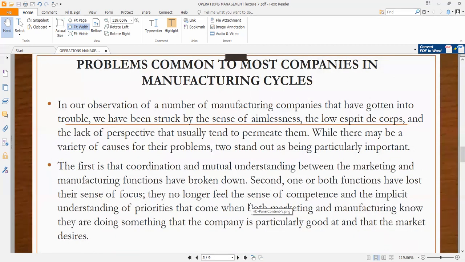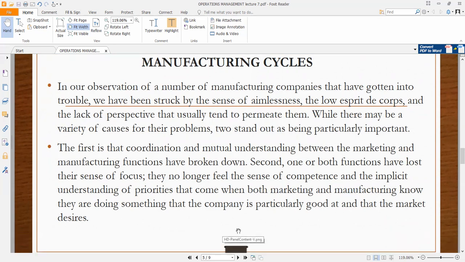Now, the first is that coordination and mutual understanding between the marketing and manufacturing functions have broken down. Second, one or both functions have lost their sense of focus. They no longer feel the sense of competency and implicit understanding of priority that comes when both marketing and manufacturing know they are doing something that the company is particularly good at and that the market desires.